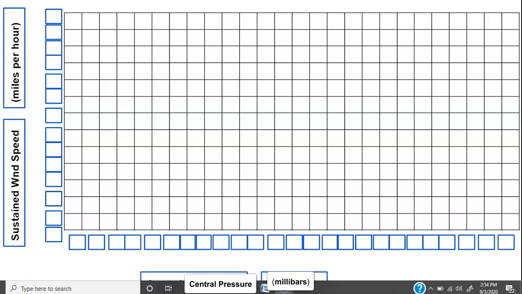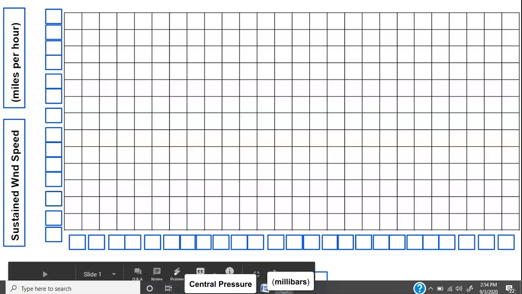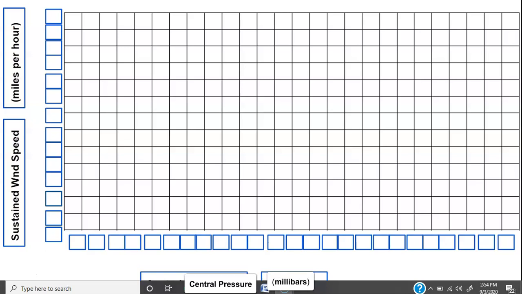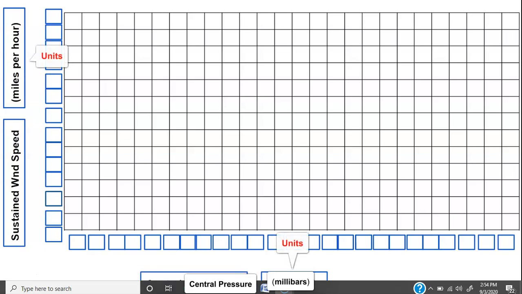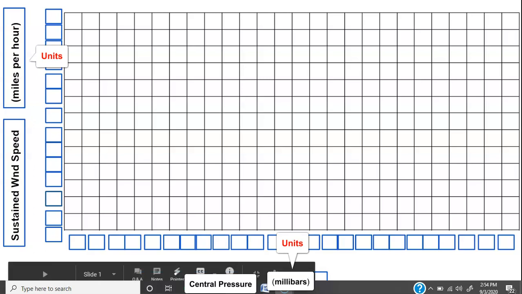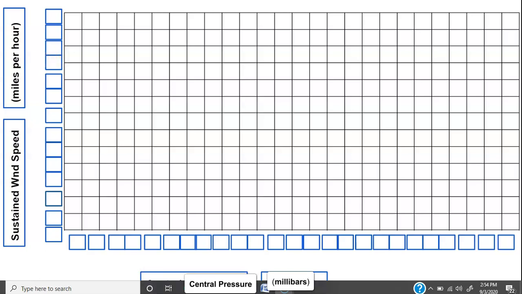And I also want to introduce you to this concept of units. In central pressure, our units are millibars, which is one way to measure atmospheric pressure. For our sustained wind speed, the miles per hour are our units.